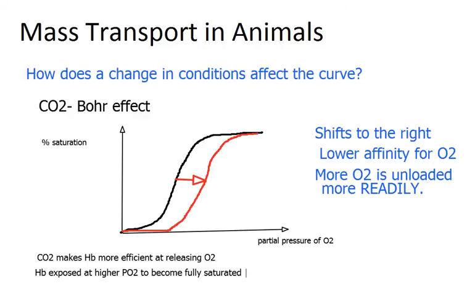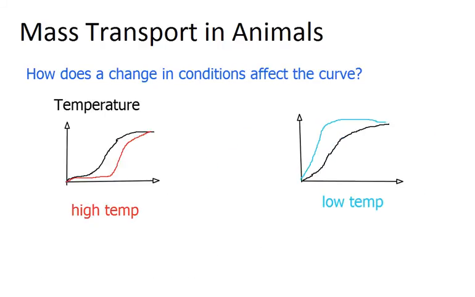So to summarize, we can say that carbon dioxide makes hemoglobin more efficient at releasing oxygen, and that the hemoglobin must be exposed to a higher partial pressure of oxygen to become fully saturated. Okay, so now we'll quickly run over temperature. You can see from the graph that a high temperature causes the curve to shift to the right, a low temperature causes it to shift to the left.